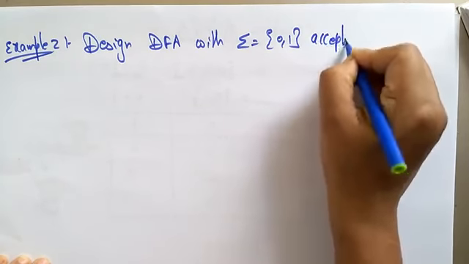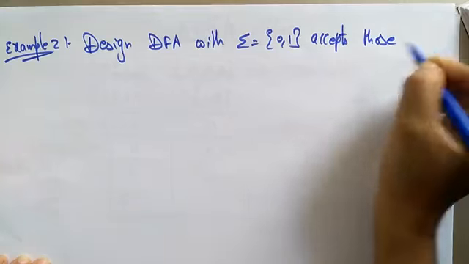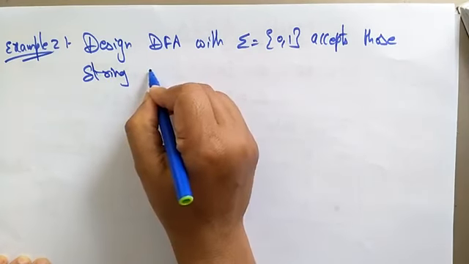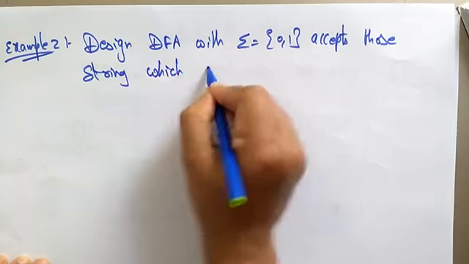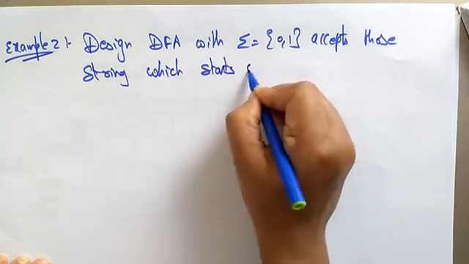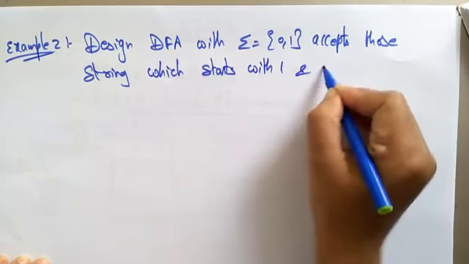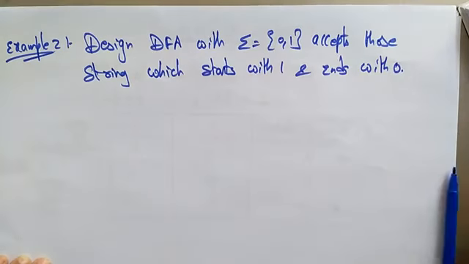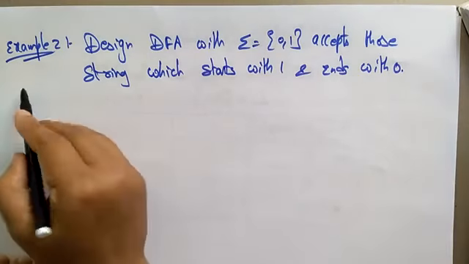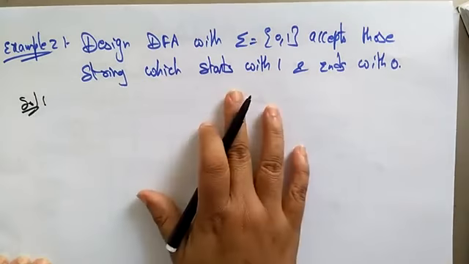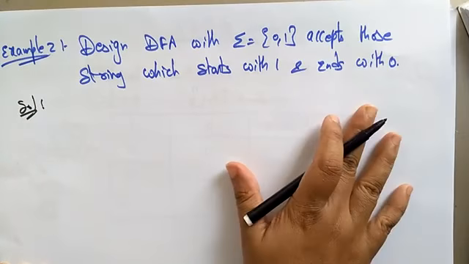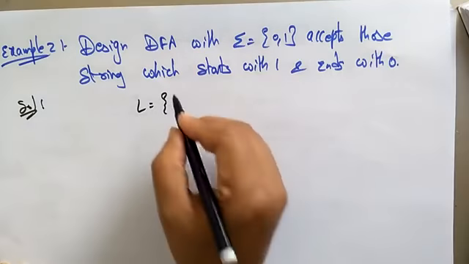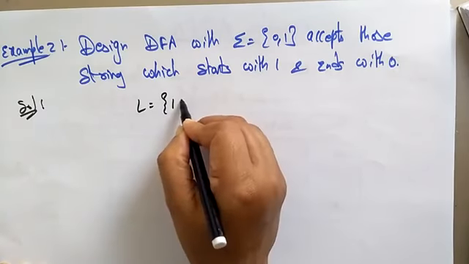It has to accept those strings which start with 1 and end with 0. So the language is the set of strings that compulsorily start with 1 and end with 0.